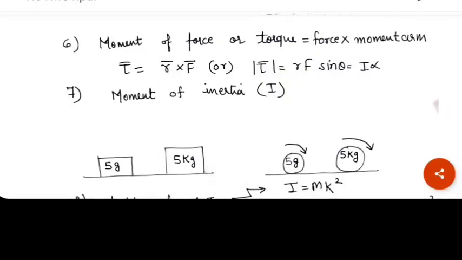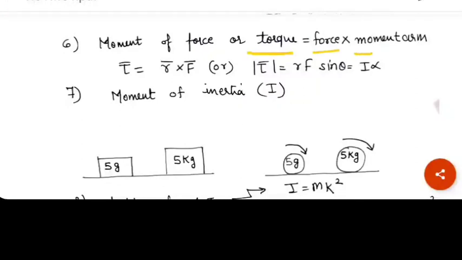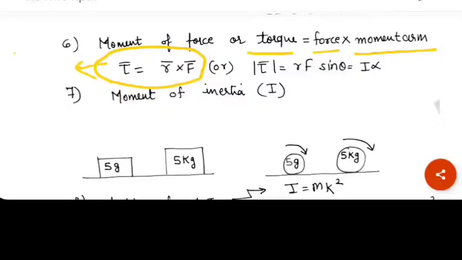Next, we are taking again a vector quantity, which is the moment of force, or sometimes conveniently called couple or torque. This is the cross product of force and momentum arm. So this may be in the vector form r cross F, which can be found with the help of a determinant of the order 2 by 2 or 3 by 3.